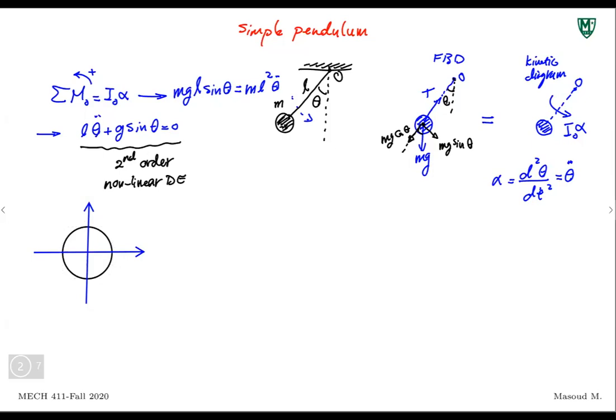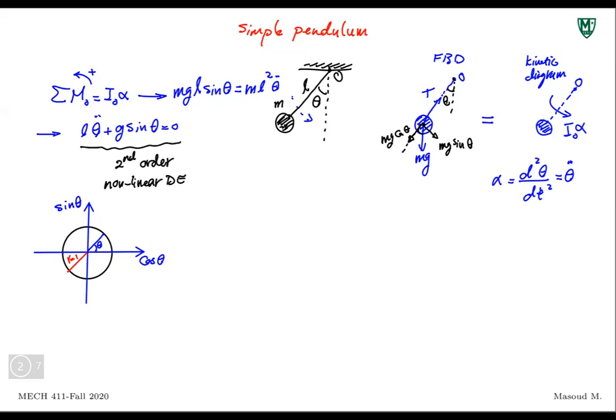Let me draw it here. So R, this is unit circle, meaning that R is equal to 1. And then on this unit circle, this is cosine theta. This is sine theta. And for an angle theta, if you remember, we were using the unit circle to take a look at the values of sine and cosine.